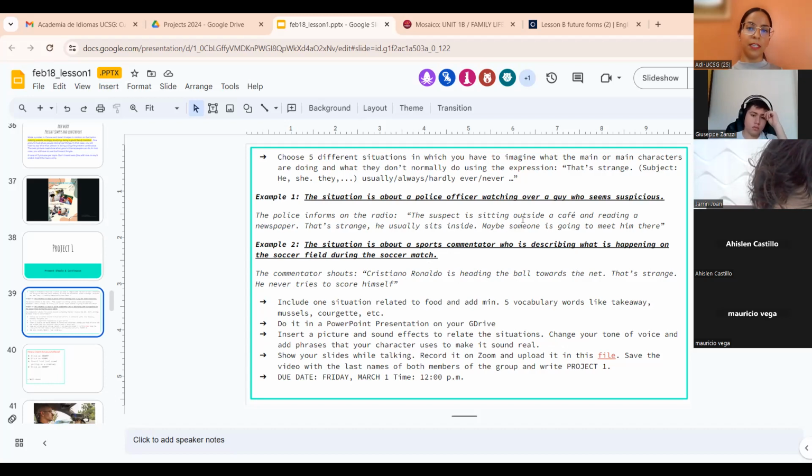The suspect is sitting outside, blah, blah, blah. Cristiano Ronaldo is heading the ball, blah, blah, blah. That's strange, and it is followed by the present simple. He never tries to score himself. This is in relation to what we saw yesterday in Unit 1B, I think, the first part that we studied about grammar, present simple and present continuous, action and non-action verbs.